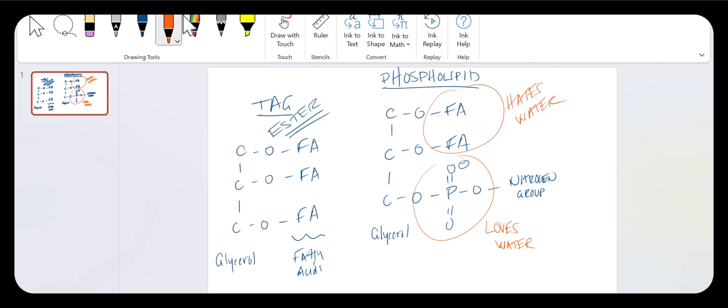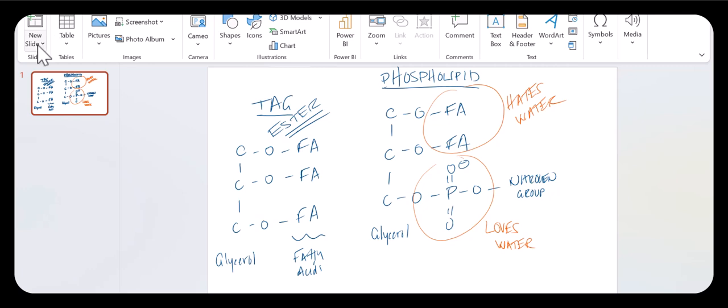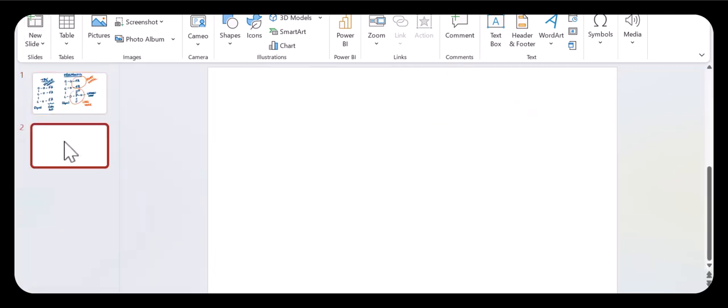So what'll happen is we'll end up, let's put a new slide in. We'll end up with the molecule lined up so that we have the phosphate head, and then we have these 2 fatty acid tails kind of hanging down.